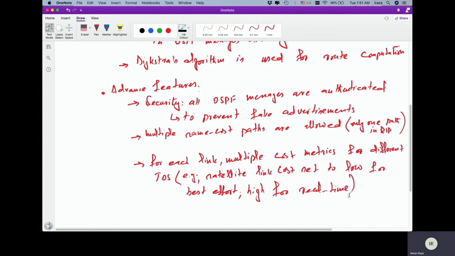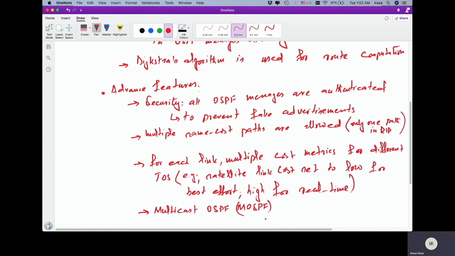Okay. Similarly, it gives us integrated unicast and multicast support, right? So we can also use it for multicasting that we'll discuss in the next lecture, and the protocol that extends Open Shortest Path First is called Multicast Open Shortest Path First, or MOSPF.